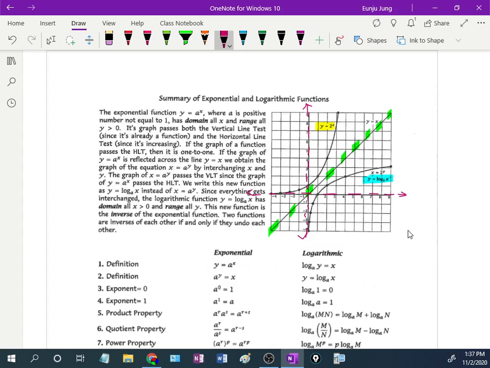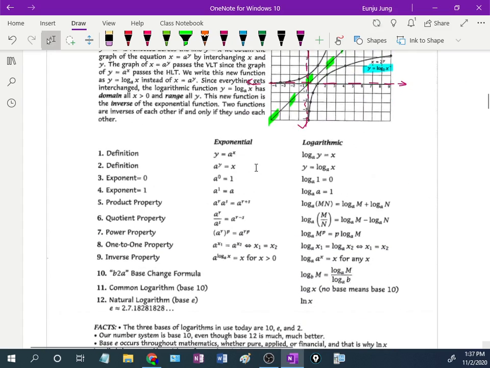Make sense? So they are inverse to each other. You fold along the dotted line, y equals x, and they are overlapping. That is inverse relation. So we have a lot of notations here, and one way is exponential form, and the other way is written using logarithmic form.